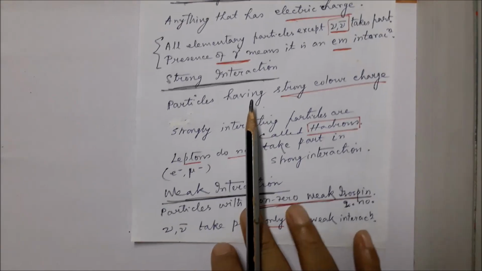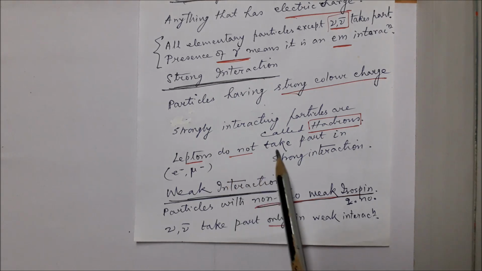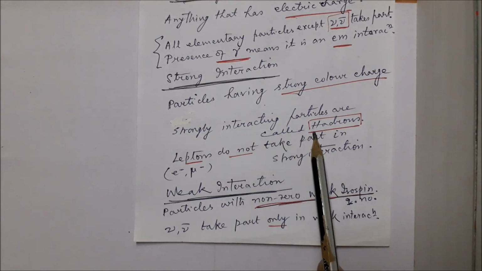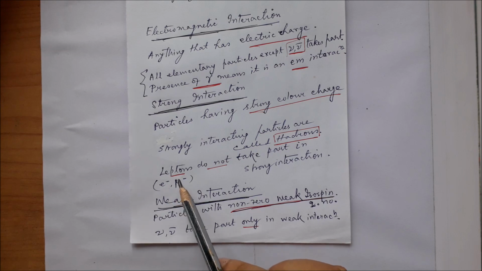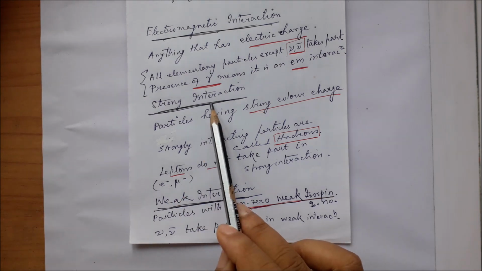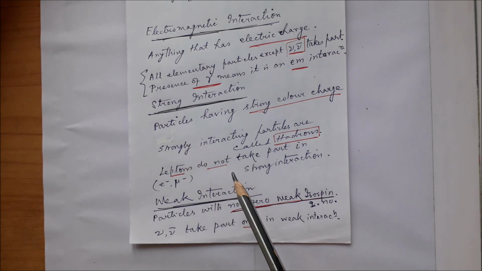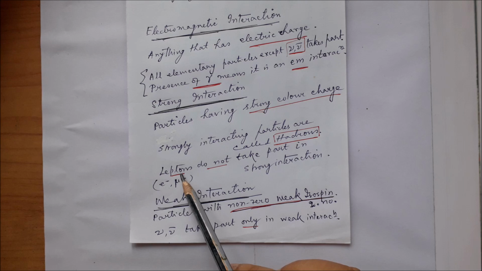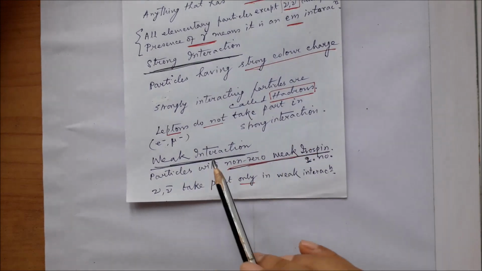Now, the interesting and useful information here is that particles which take part in strong interaction are called hadrons. Secondly, leptons, like electrons and muons, do not take part in strong interaction. We shall speak of leptons in a later video, but let me mention that leptons are a group of particles, light particles in general. Next is weak interaction.